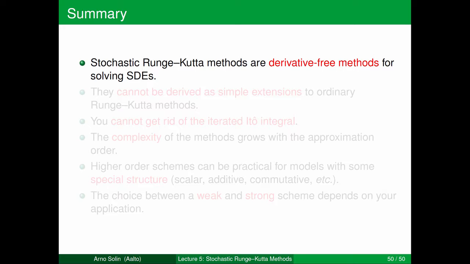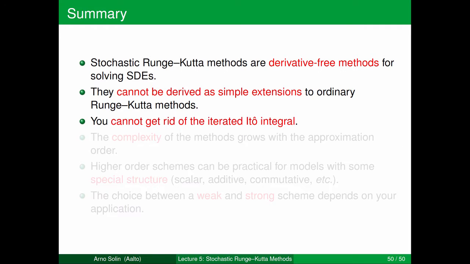Solving here, of course, means simulating trajectories or solutions from the SDEs. It is important to remember that these methods cannot be derived as simple extensions of ordinary Runge-Kutta methods, even though the derivation of the methods resemble each other.